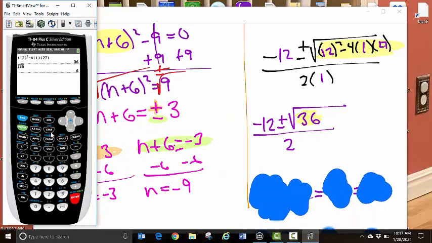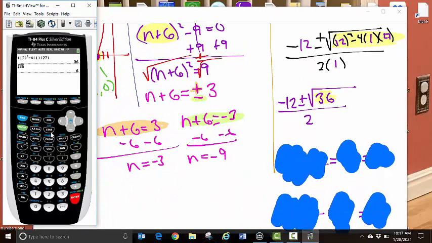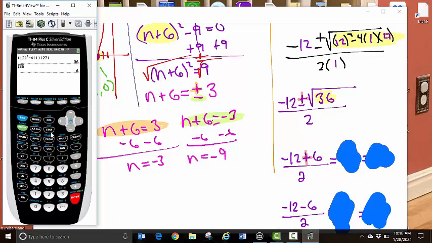So I really have two equations. -12 plus 6 divided by 2. And that's from this plus right here. Okay, and I also have -12 minus 6 divided by 2.